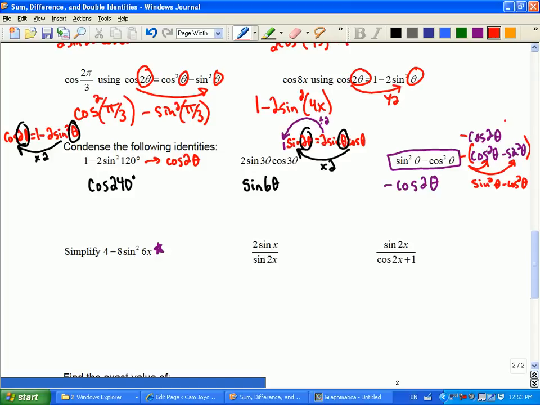Sine squared minus cos squared is the negative cos of 2 theta. Put a negative on, times by -1 on both sides. Okay.